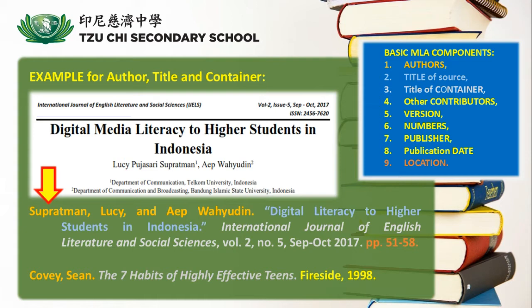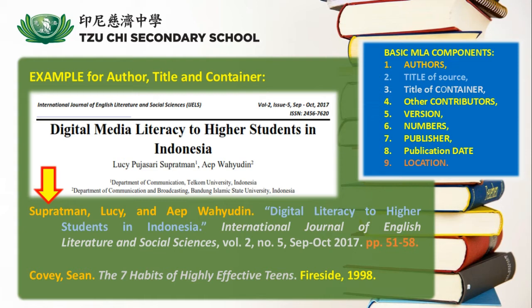As you can see, number 1 is the author, written in orange, and then the title of the source, where we use quotation marks, printed in blue.